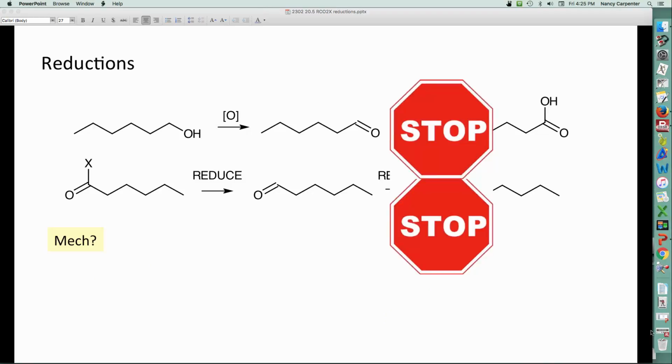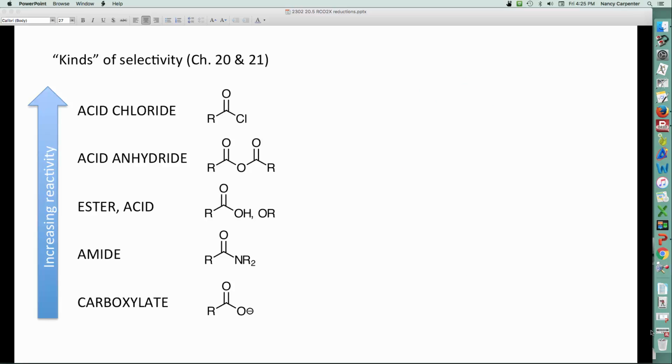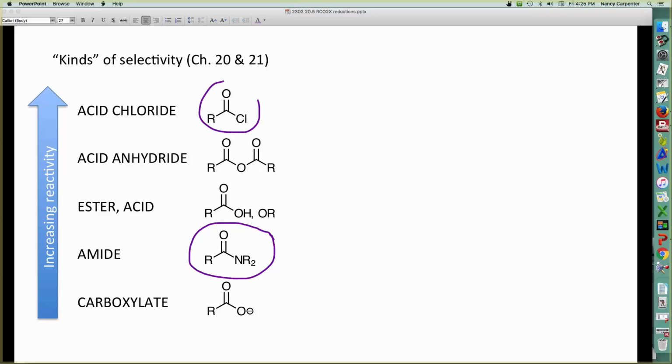How do we achieve selectivity? Well, there's two different kinds of selectivity I want to talk to you about. And I'm bringing in a little bit of chapter 21. And what's on the screen right now is the chapter 21 bit. That basically, there is the selectivity of being able to look at, say, amides versus acid chlorides and realize that acid chlorides are a lot more electrophilic, a lot more reactive than, say, an amide is.